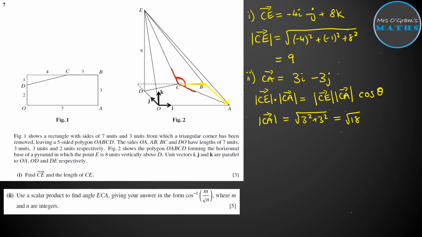So then cos theta will be the scalar product of those two vectors, which is minus 4 times 3 plus minus 1 times 3 plus 8 times 0, over 9 times root 18.